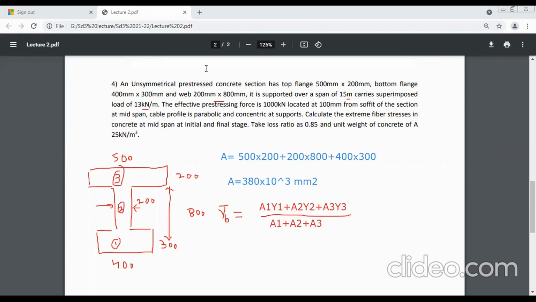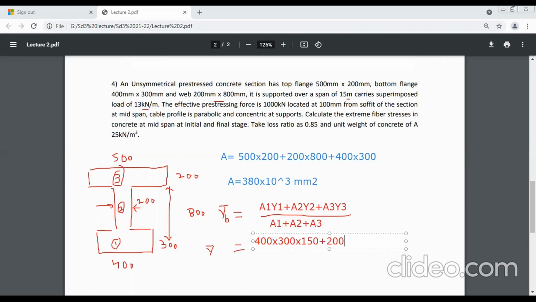So y bar is equal to A1, which is 400 into 300, times y1, which is 300 by 2, that is 150.